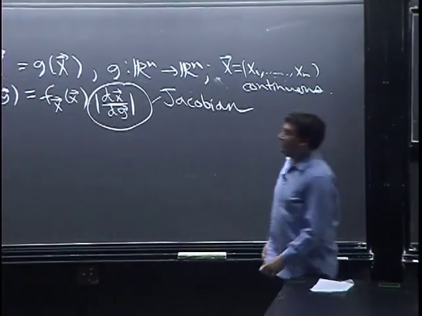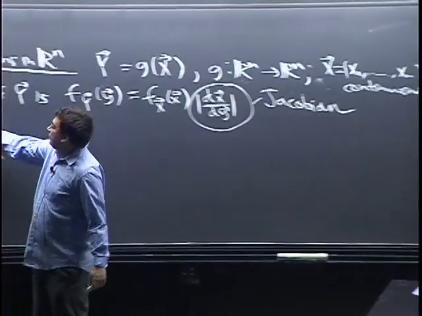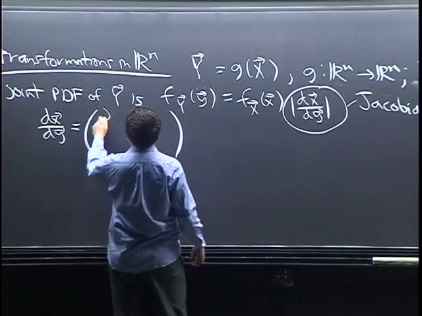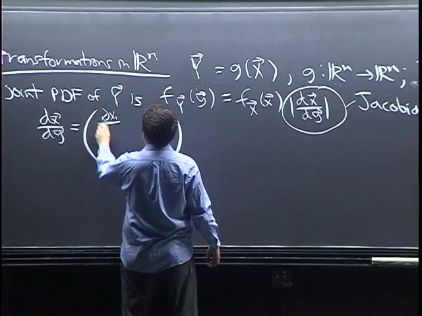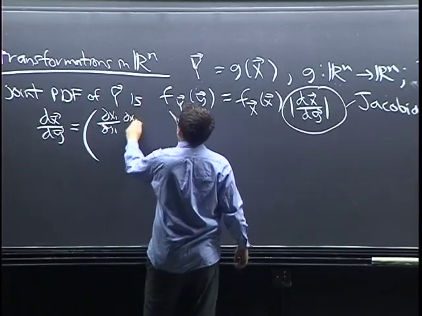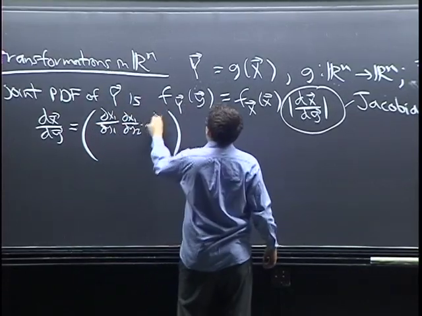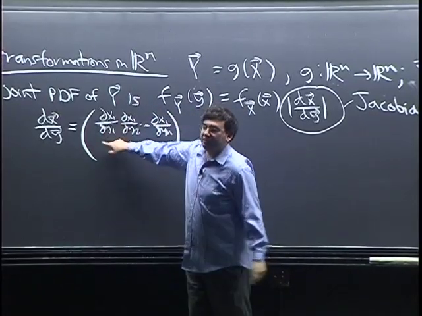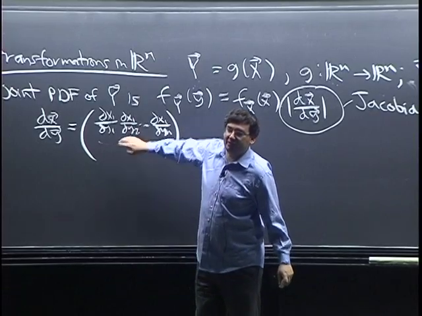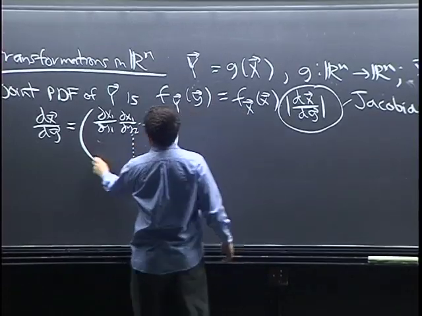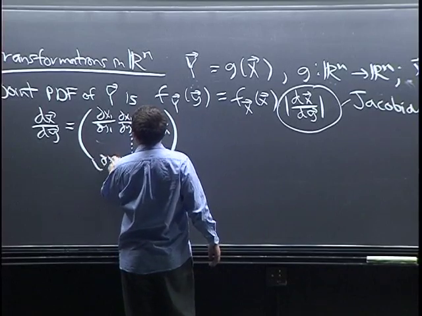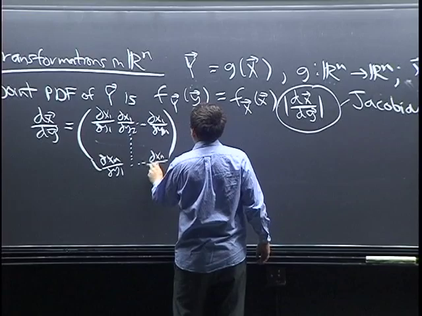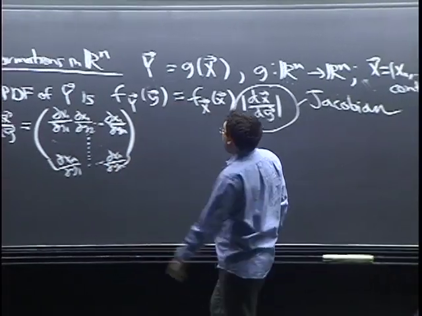Okay, so what we do is we take x, which is a vector, we take the first coordinate of x, and we differentiate it with respect to all the coordinates of y. So we'd go dx1 dy1, dx1 dy2, blah, blah, blah, dx1 dyn. And then we would take x2, and for the second row, do the same thing, and we would keep going until we've done all the partial derivatives. dxn dy1, blah, blah, blah, dxn dyn.